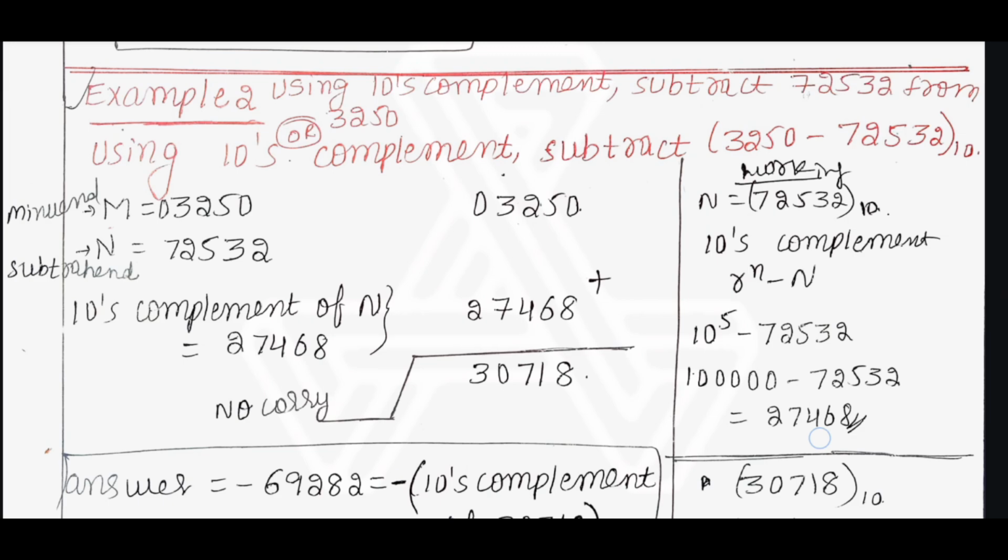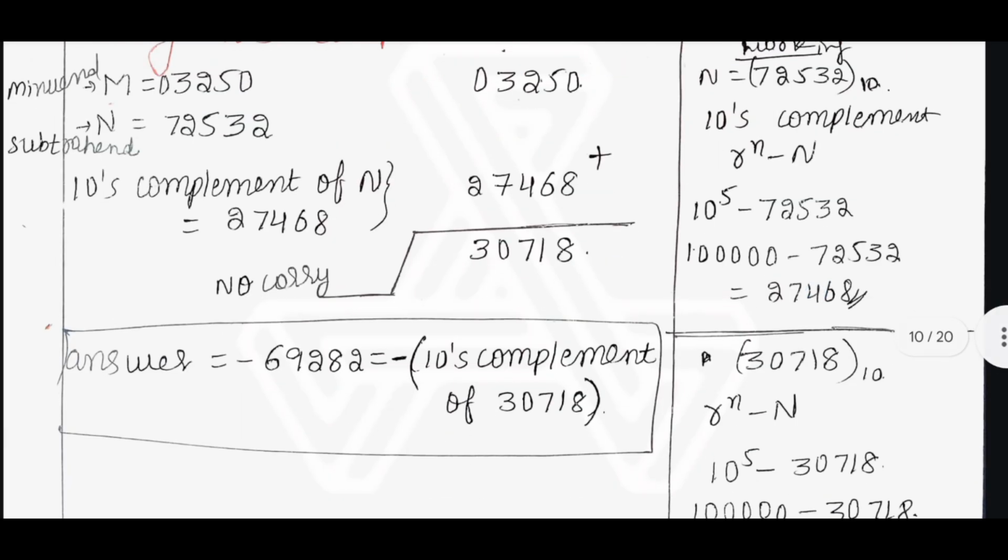Then we need to add this to the minuend, 3250. We will be getting 30718. There is no carry, so we have to take the complement of this number.